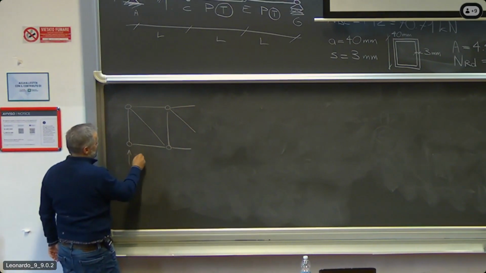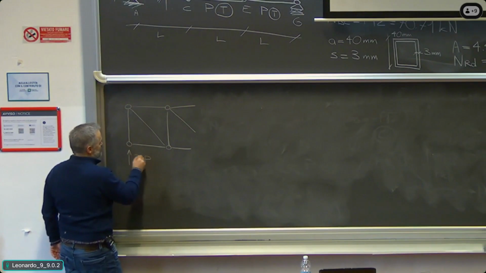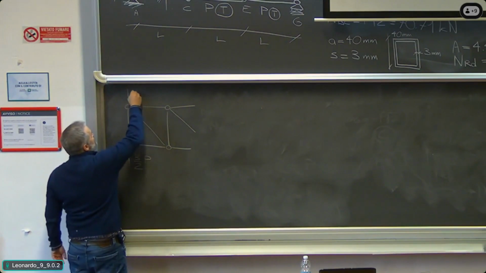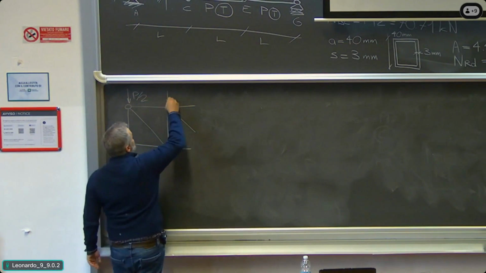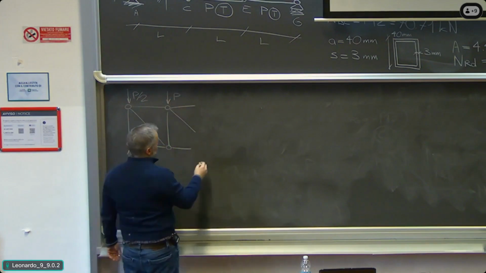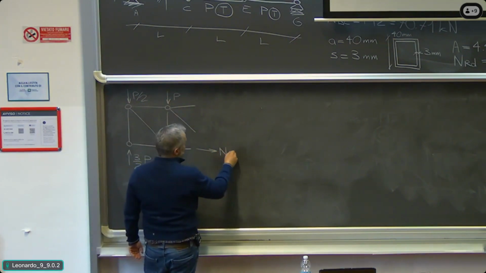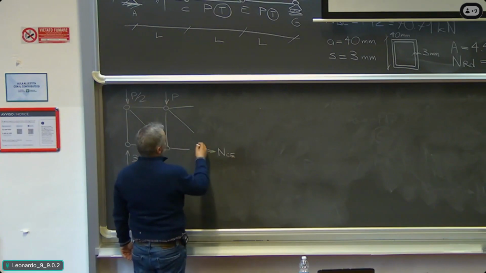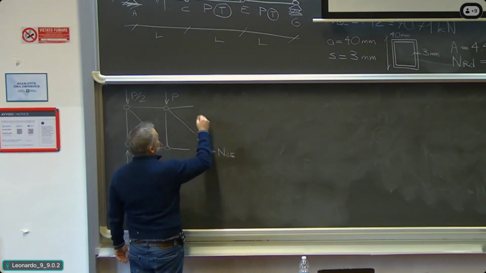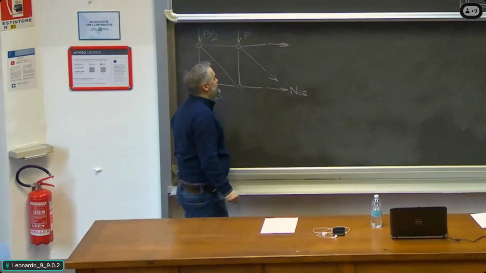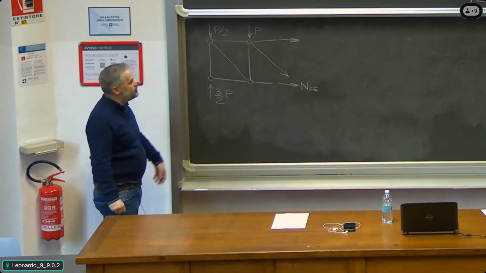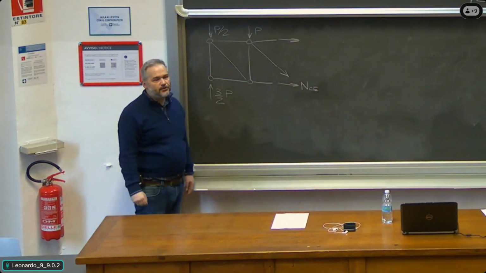This is 3 divided by 2 P, we know it. Here there is P divided by 2. Here there is P. This is NCE. Then we have a force in the diagonal member and the force in the straight member. How do we check that NCE is correct?